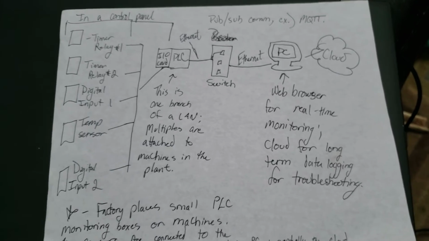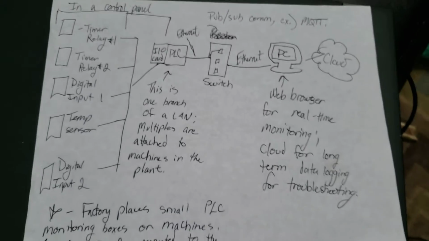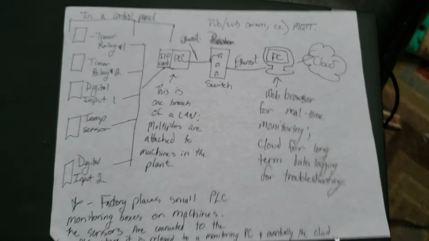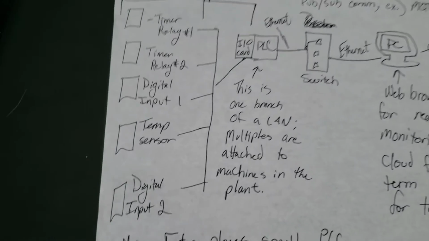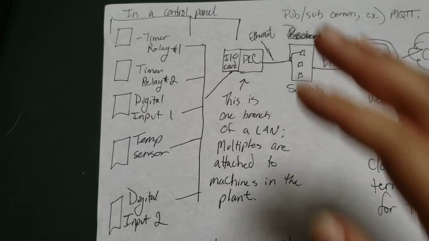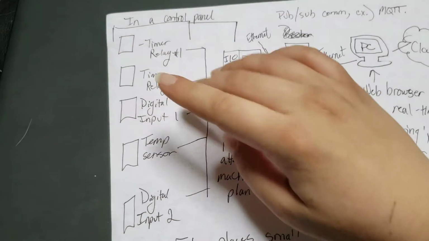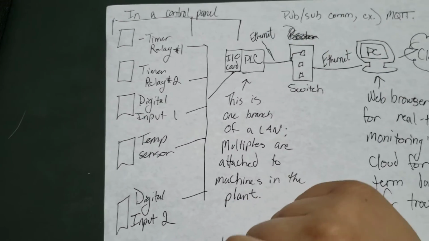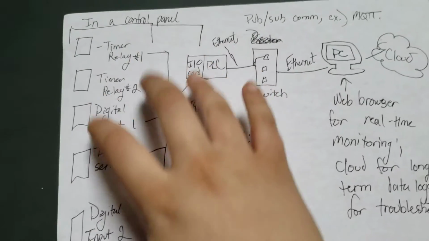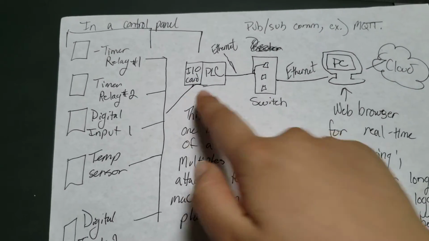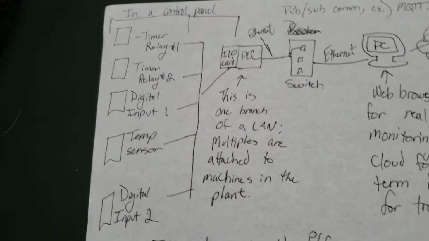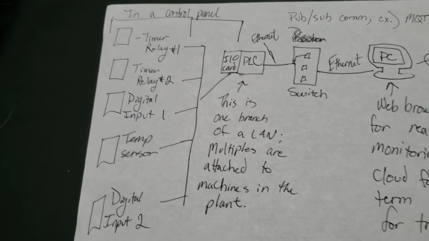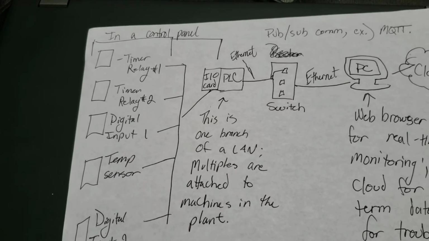So what I've done here is I took some inspiration from a scenario I did see. So what we have here is a control panel, and we've got various timer relays, digital I/O, and possibly a temp sensor. And all of this is in its own control panel with the PLC and I/O card. These would be connected through obvious wires to the I/O card for their inputs.